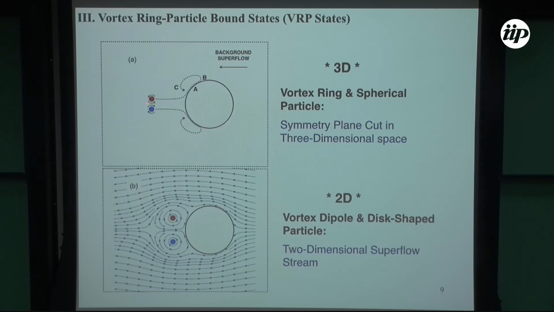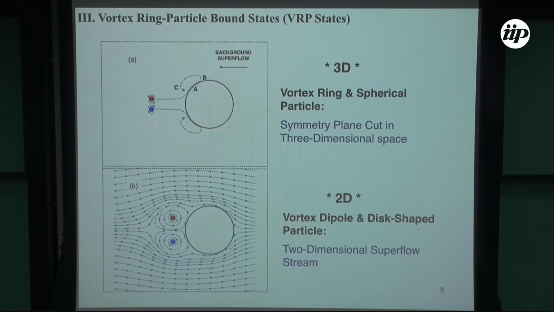Okay, it's clear that this vortex ring will propagate to the right. But it's subject to different contributions. One of them is the background superflow, which pushes back the vortex ring, okay? And another one is the vortex ring image. So inside the particle, if you treat the particle as a sphere, you have a vortex ring here inside the particle.